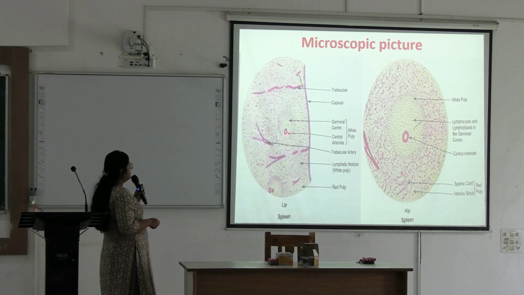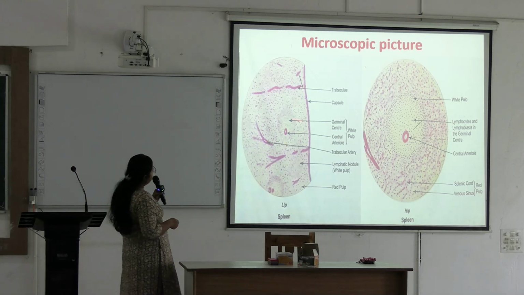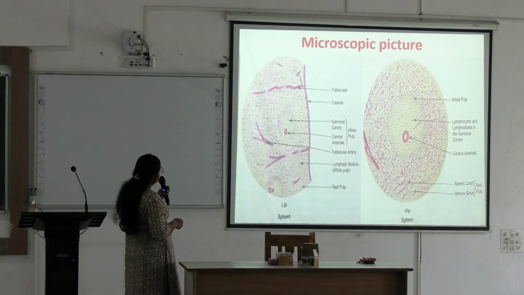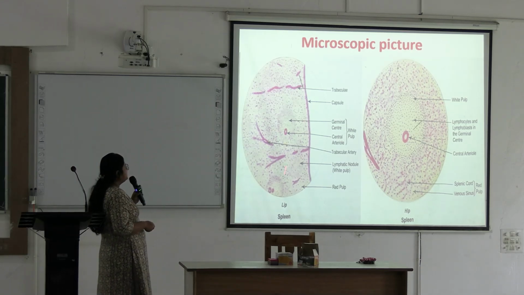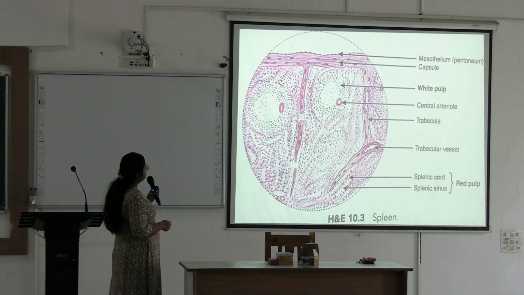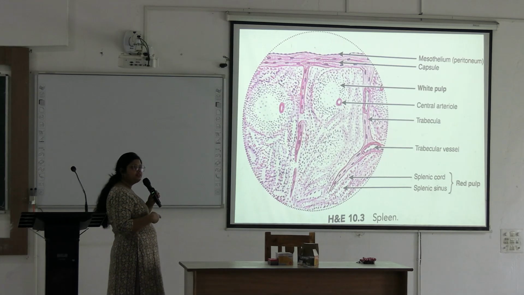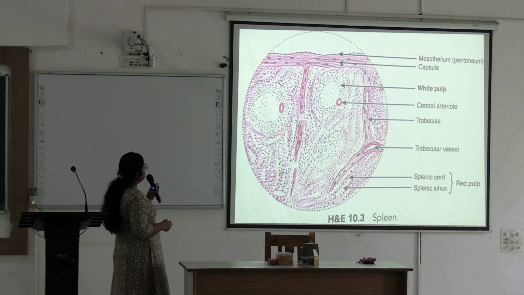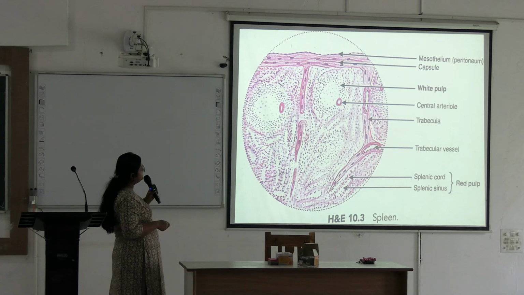This is an eccentric arteriole, the central arteriole in an eccentric position, and these parts are forming the red pulp, okay? You have to draw a picture of the spleen like this in your histology copy, okay? Capsule, trabeculae, and within the trabeculae, sections of trabecular vessels.